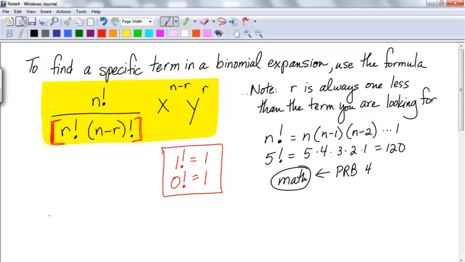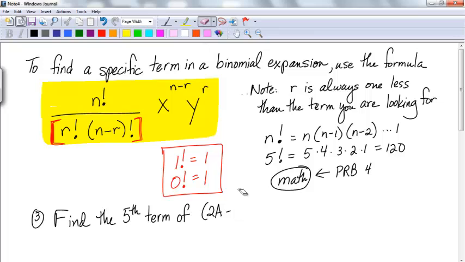Say they ask you, this will be the third one, to find the 5th term of 2a minus 3b, and that is to the 8th power.